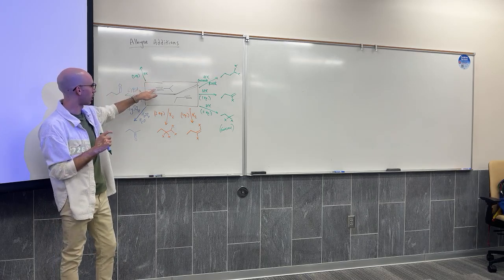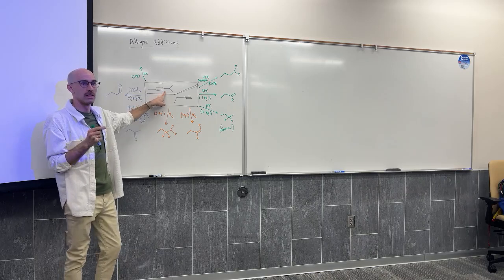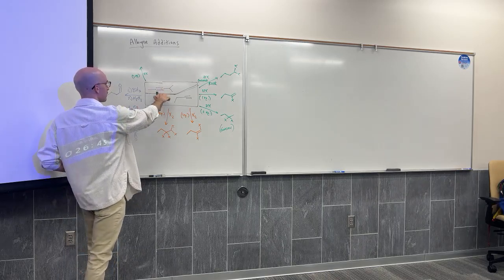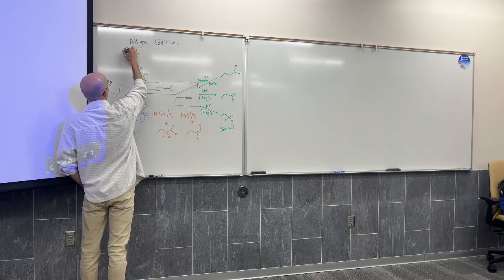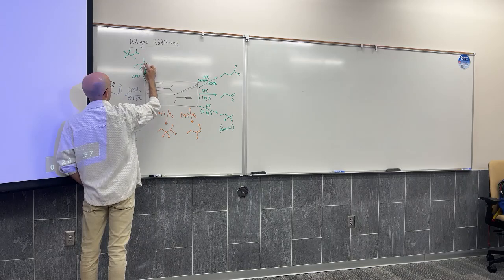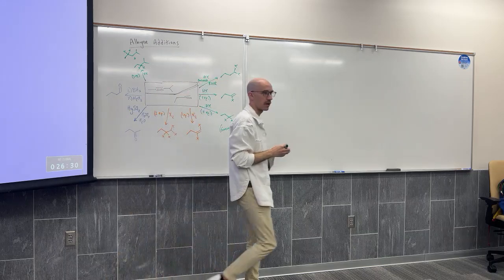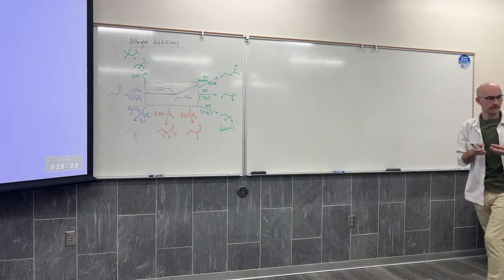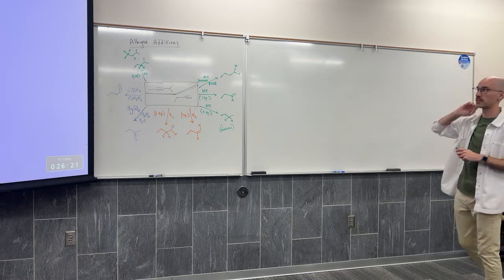Well, which carbon has more hydrogen? Neither of them have any hydrogen. So what we get here with an asymmetric alkyne is the potential for two different products. And how are those products related to each other? Constitutional isomers, structural isomers.